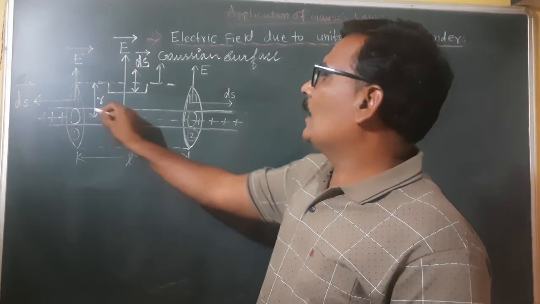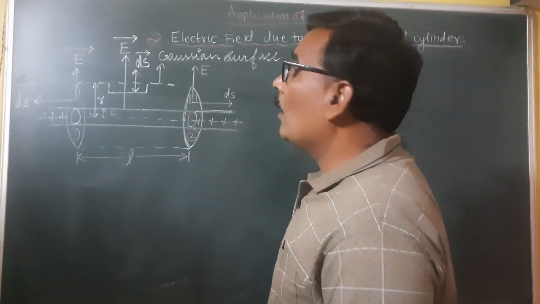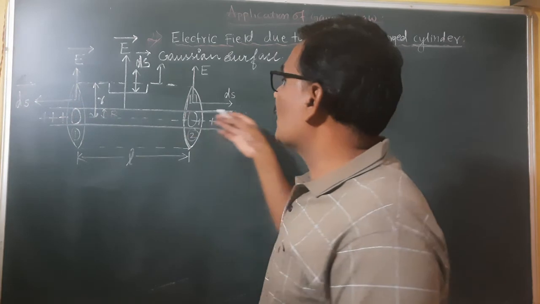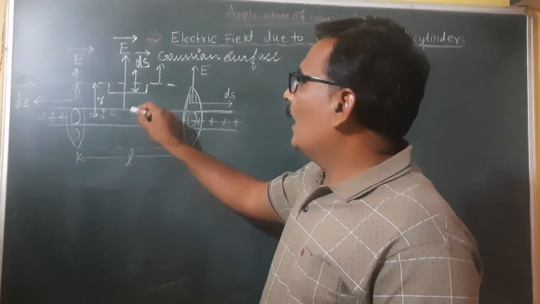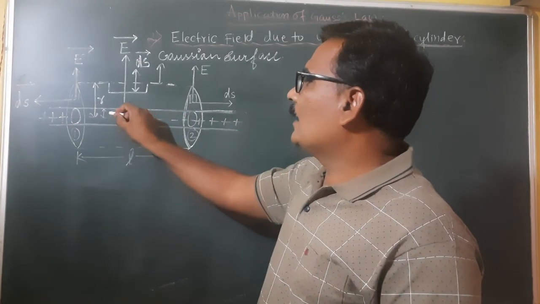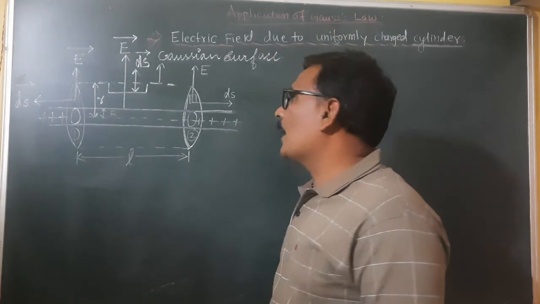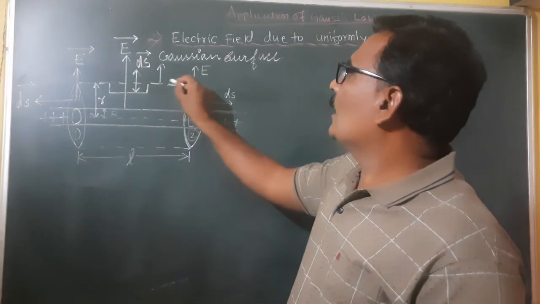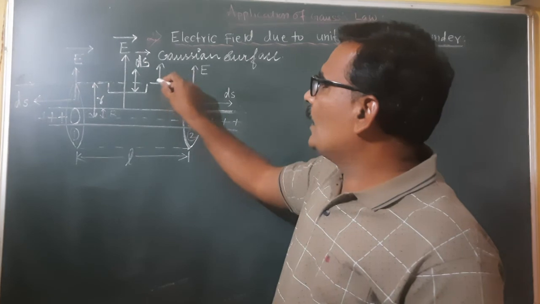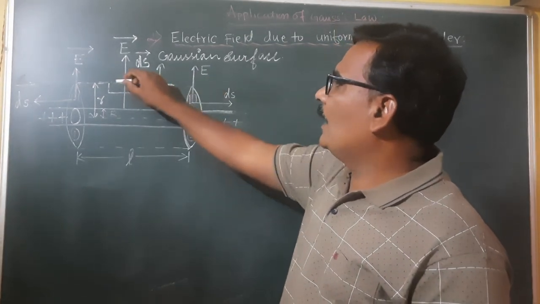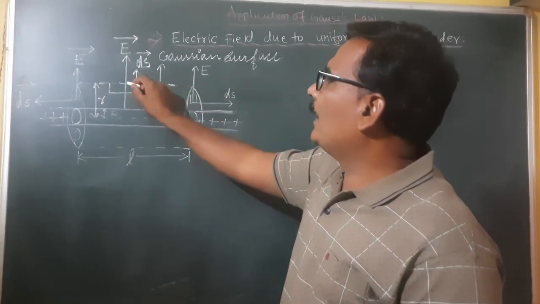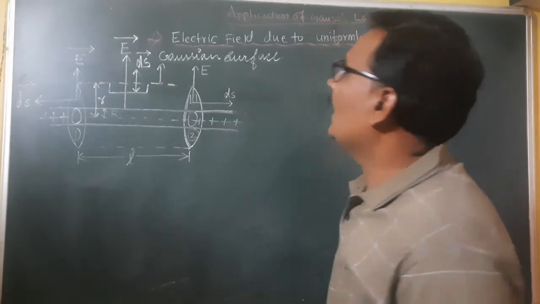First we consider an infinitely long cylinder having a radius capital R, and a Gaussian surface or Gaussian cylinder having a radius small r, and we have to find the electric field intensity at a point.